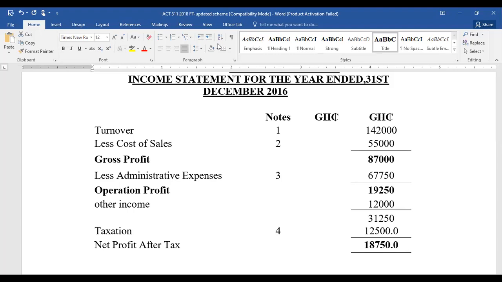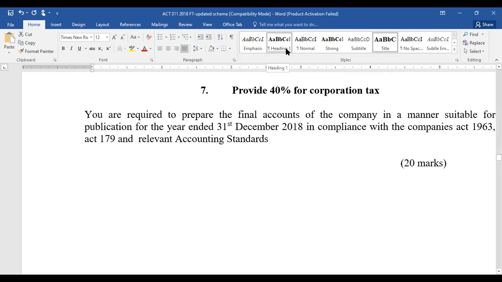Bear in mind, people have invested their money in the company by way of shares, and these people have interest in the company. So in some books, you see they call it statement of changes in equity.